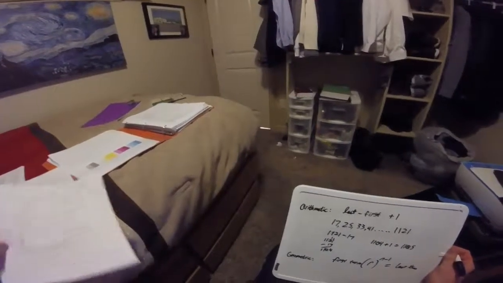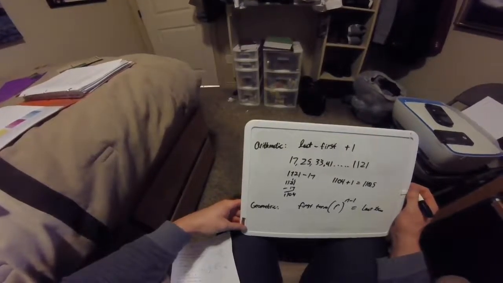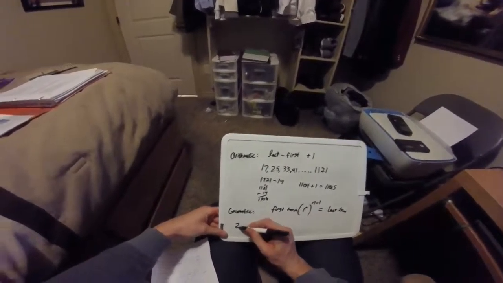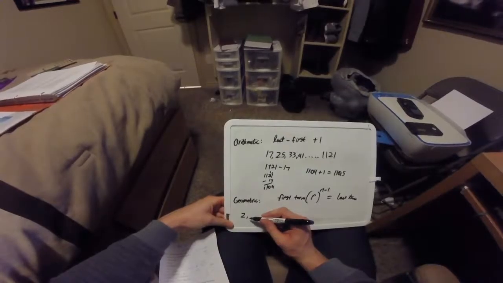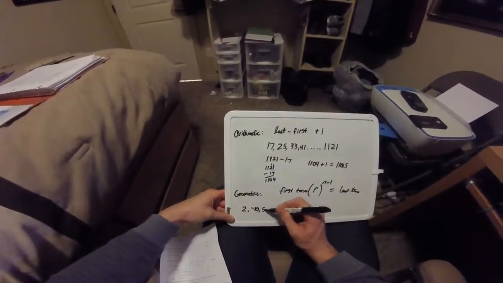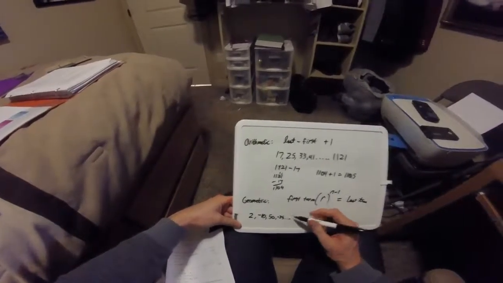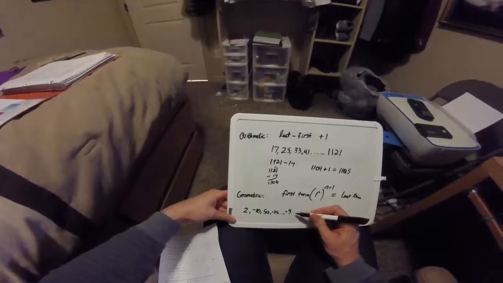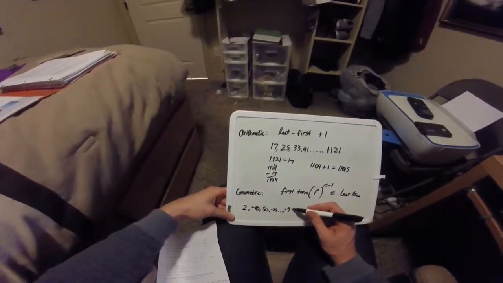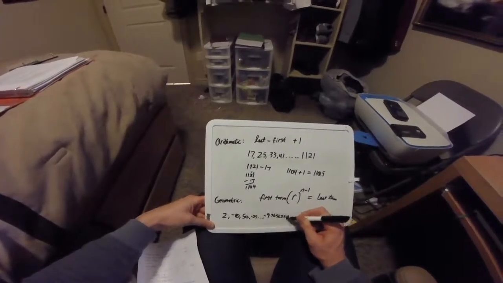So we have an example of a sequence: 2, negative 10, 50, negative 250, so on and so forth, to a big number, negative 9,765,625,0.